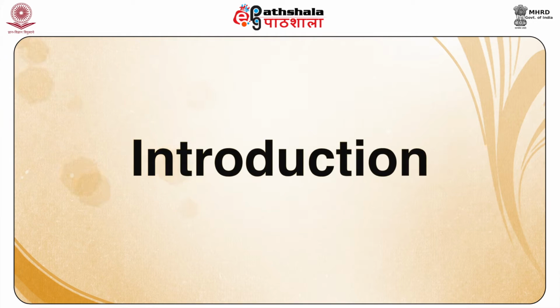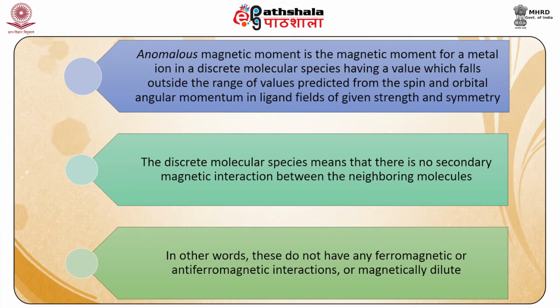2 plus complexes. Introduction. Anomalous magnetic moment is the magnetic moment for a metal ion in a discrete molecular species having a value which falls outside the range of values predicted from considerations of the spin and orbital angular momentum in ligand fields of given strength and symmetry.